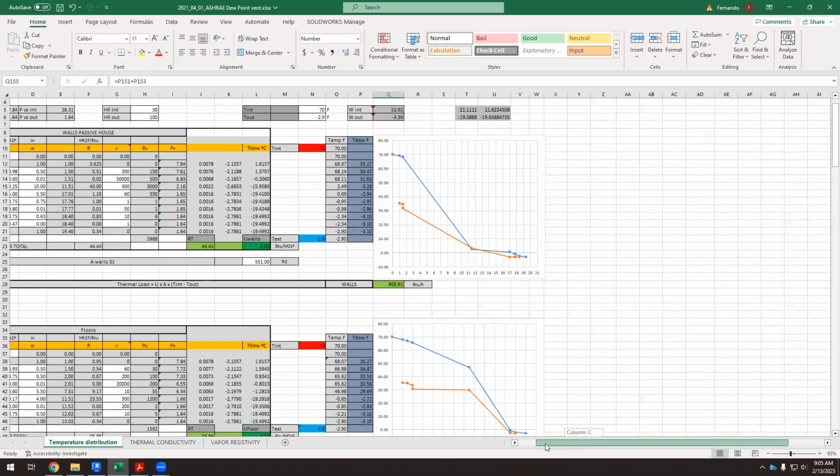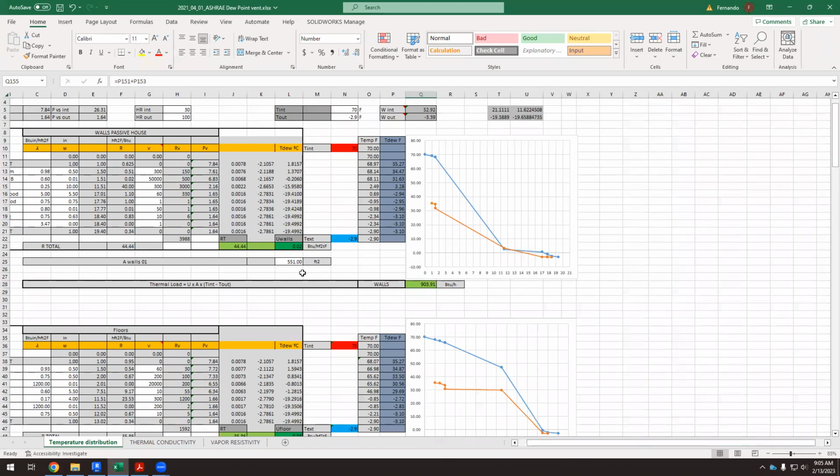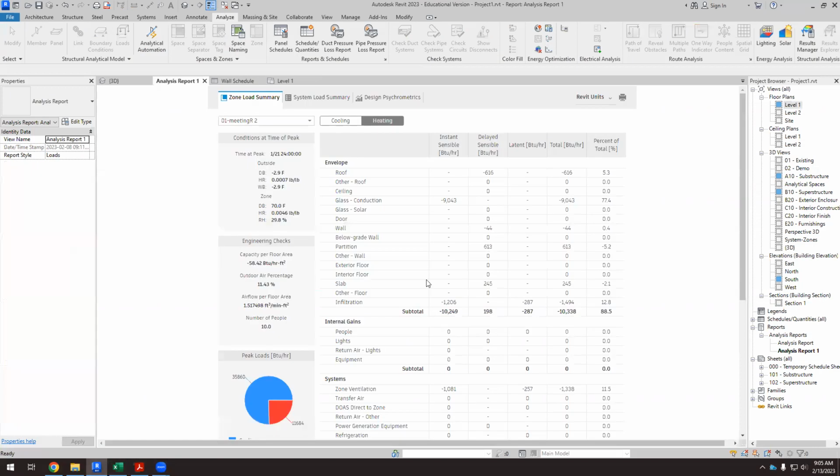So through the walls, in this case, we have the R value, we have the area, and through the walls, we have 900. If we go to the Revit report, and we have walls, well, here we have wall, and here we have the partition.